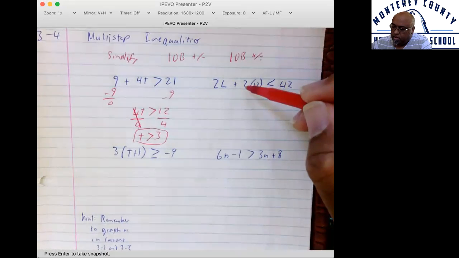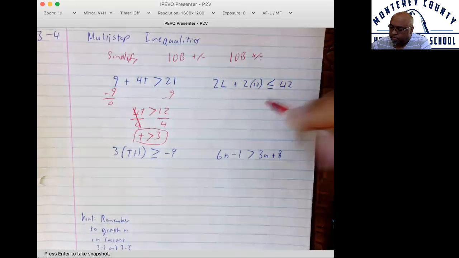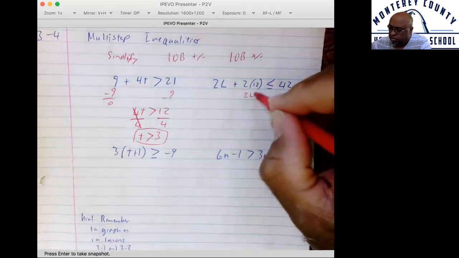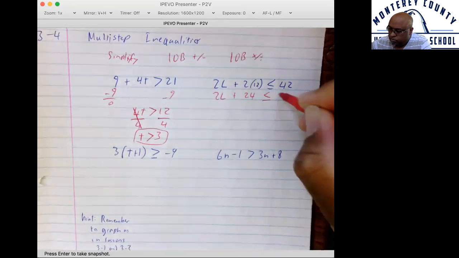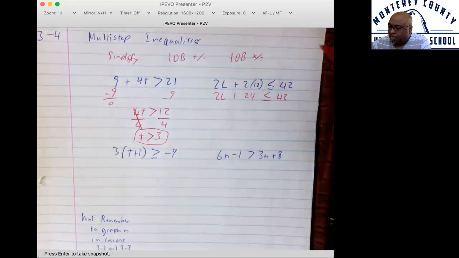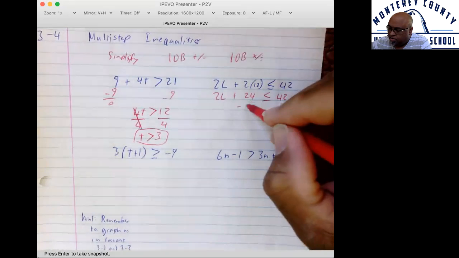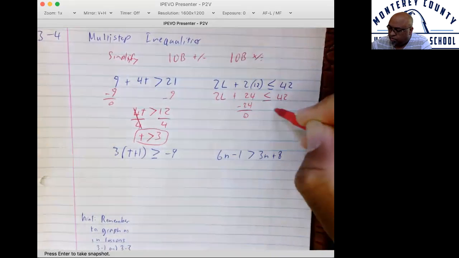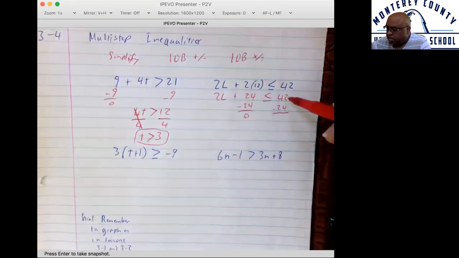So I have 2L plus 2 times 12 is less than or equal to 42. Let's solve 2 times 12 first, is 24. Okay, now isolate by addition and subtraction first, so I'm going to subtract 24 from both sides of my inequality.